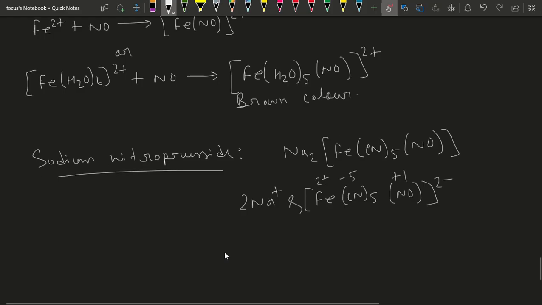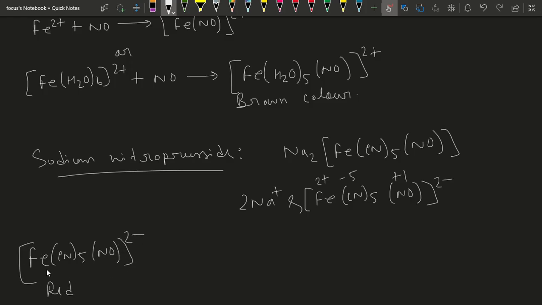So the use of this sodium nitroprusside complex is, this complex is of red color, and when it connects with sulfide ion, it will change its color into purple color, forming this complex.